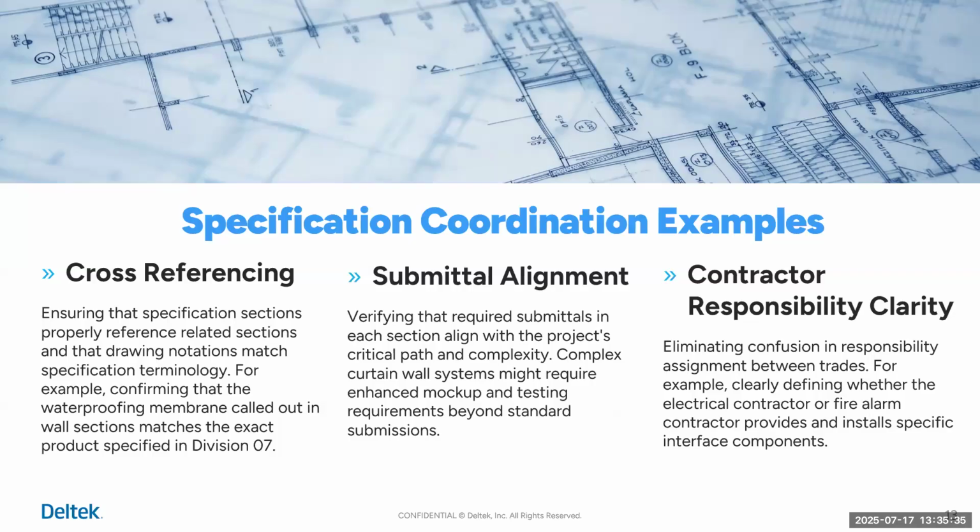Again, do the drawing words match the spec words? That's important, because we don't want the contractor mistranslating the content that they see from drawings to specs and from specs to drawings.